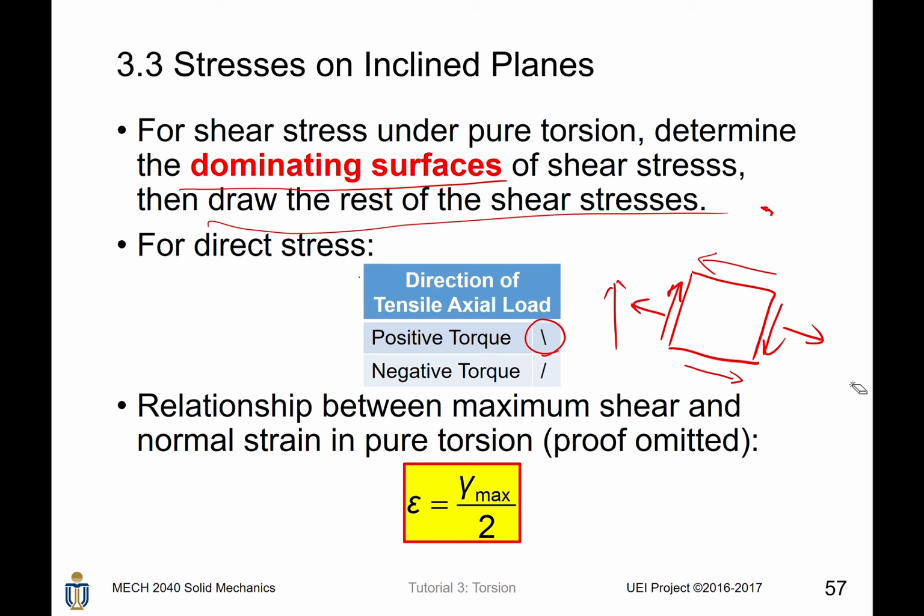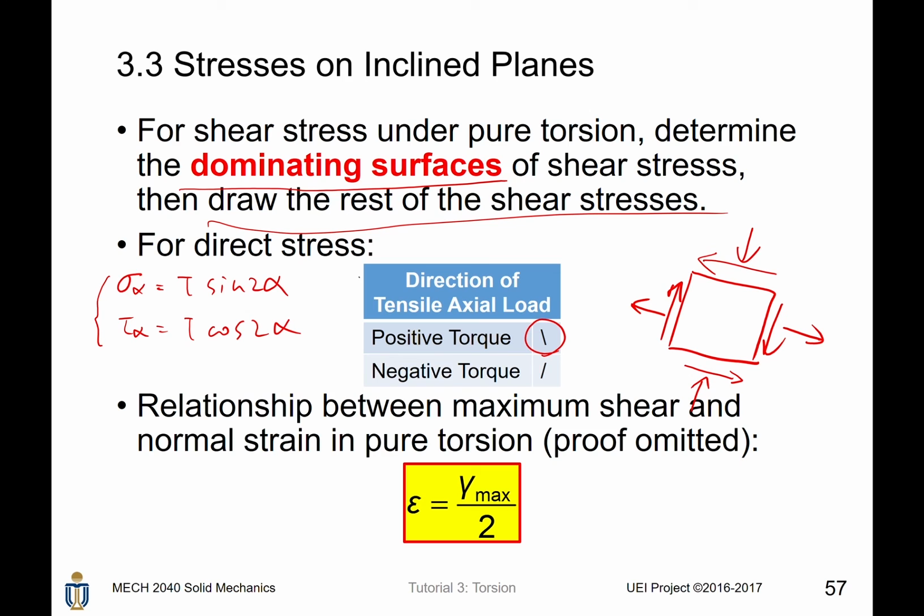Since for each stress element there is a pair of tensile stress as well as a pair of compressive stress, then we can conclude that there is also a pair of compressive stress acting on it. So this is just how you determine the direction of the stresses on this piece of material. In fact, in order to determine the magnitude acting on it, you have to use our 2 equations introduced before.